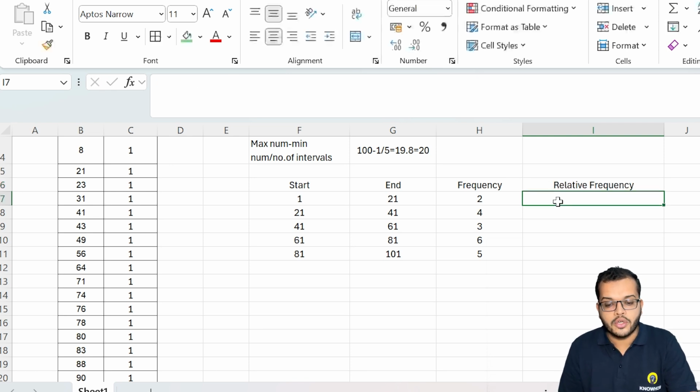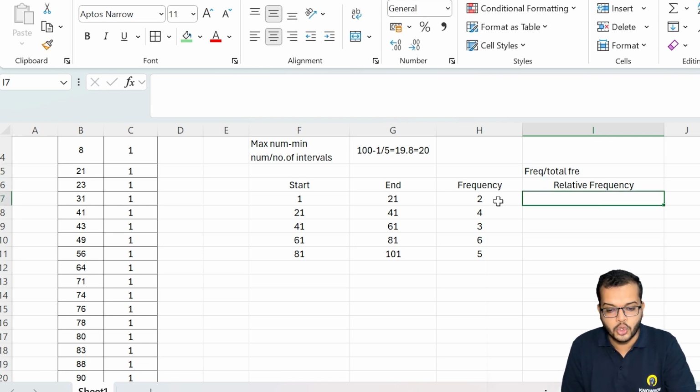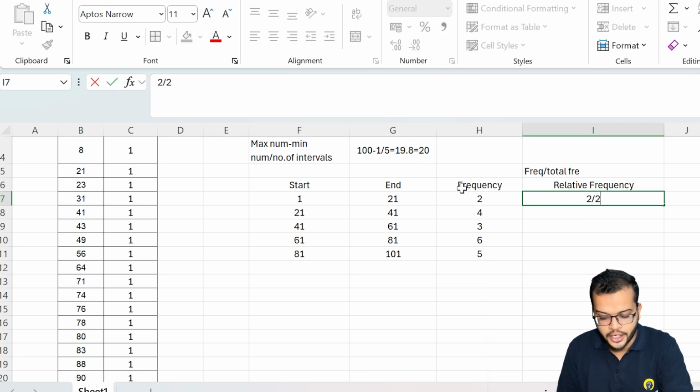We calculate the relative frequency with a formula: frequency divided by the total frequency. Here the frequency is 2, and the total frequency is 20.